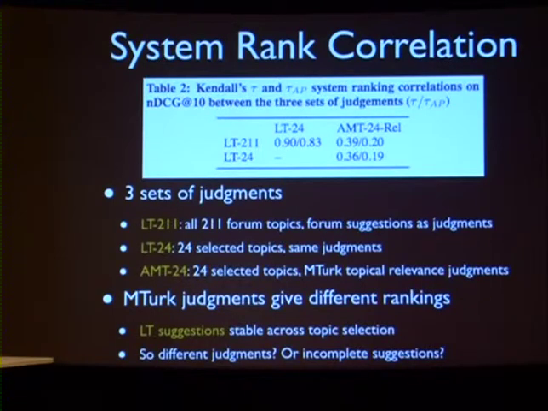So it could be that the thing we asked is actually not relevant, not more or less the topical relevance question in the discussion. So it could either be that what they do at the forums is not really topical relevance, or it could be the incompleteness of the suggestions.